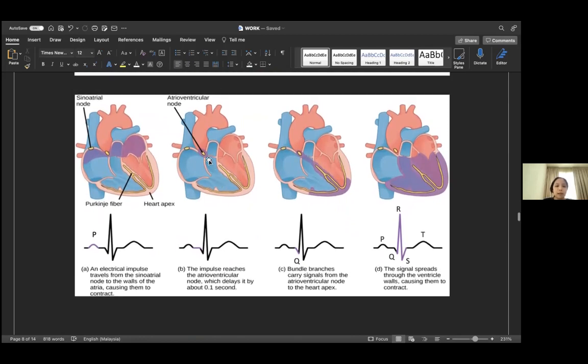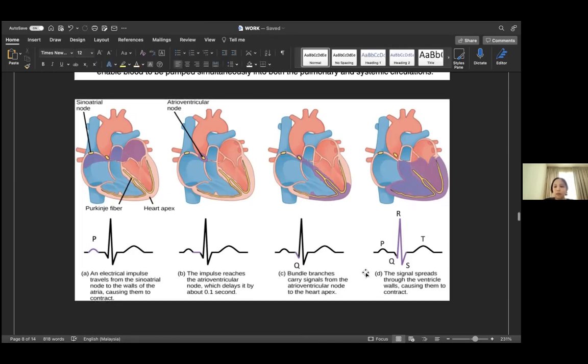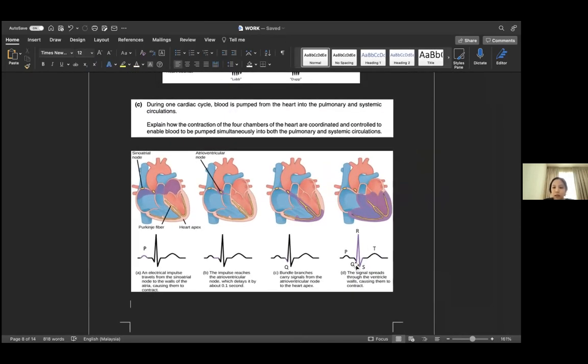After the delay, the excitation wave travels from the AV node through the bundle of His to the Purkinje fibers, from the apex of the heart up both sides of the ventricles, and it results in this QRS complex here.